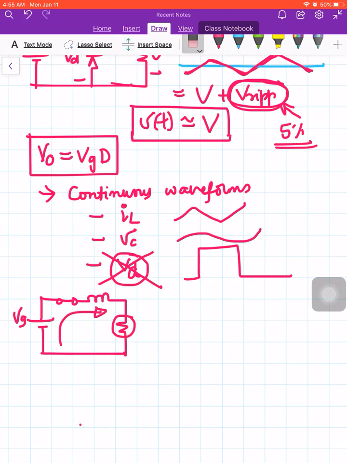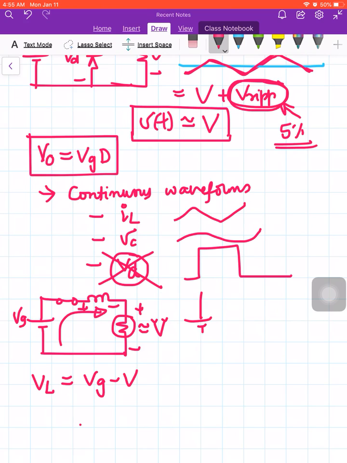So now this is case 1 in which, using small ripple approximation, we are saying this voltage is equal to some voltage V. So then the voltage across the inductor is VL equal to Vg minus capital V.